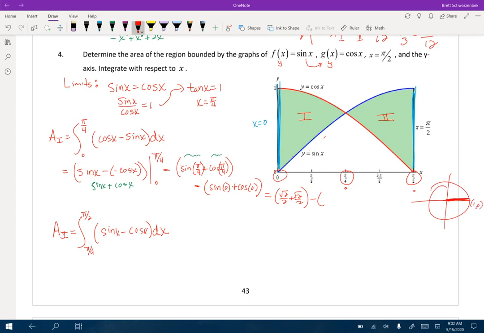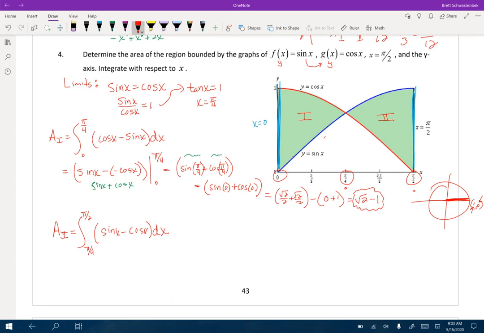So the sine is the y coordinate, which is 0, but the cosine is the x coordinate, which is 1. So you can see that this actually ended up being much different than we expected. Many would expect this to be all 0. Be careful with that. If you put this together, you're going to get root 2 minus 1. So this is going to be the area of region 1.